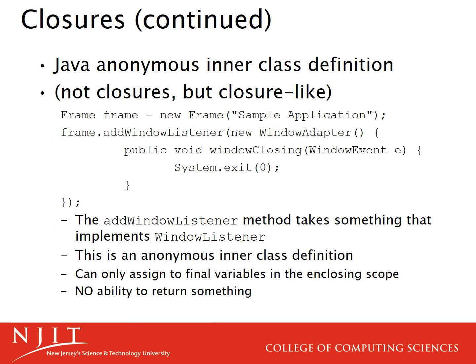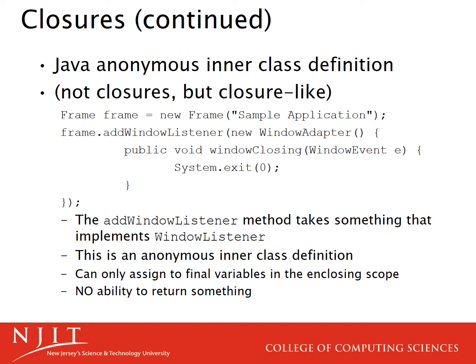Now, Java has this thing called anonymous inner classes. And if you've come across this, these are interesting and a little complicated. An anonymous inner class is like a closure, but it's not really a closure, right? So if you take a look at this fragment of code here, there's a function called addWindowListener. And addWindowListener has to take as a parameter an instance of a class, because that class is then used to call methods and pass things in, right?